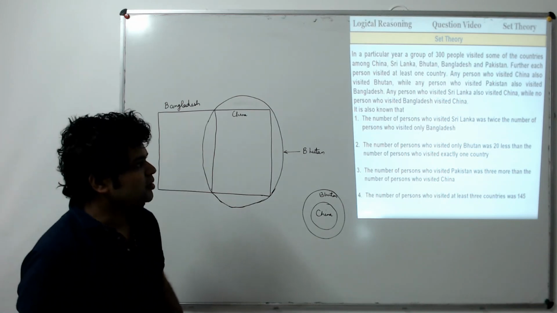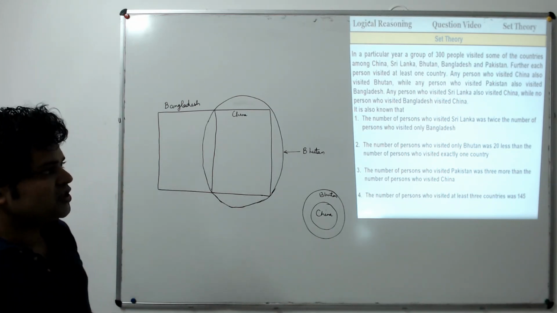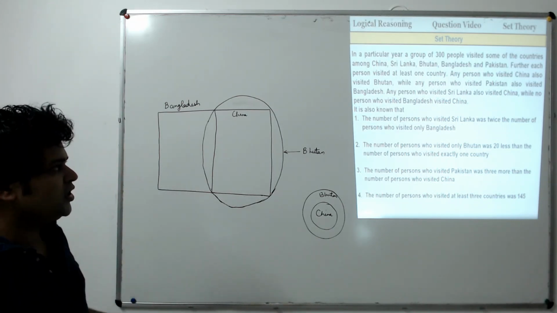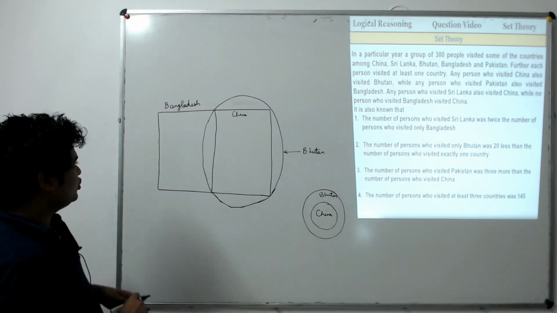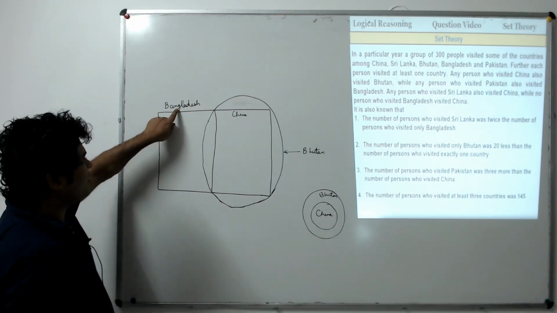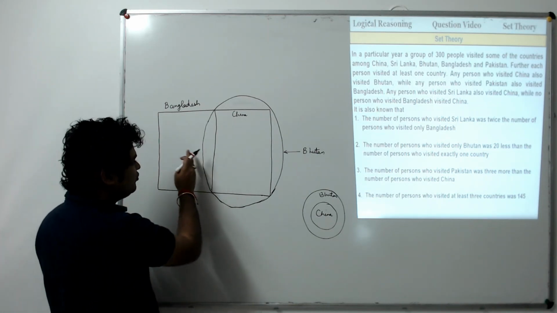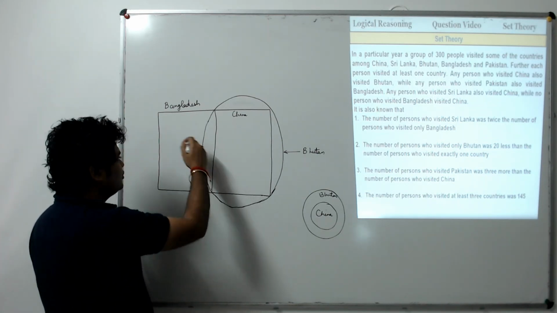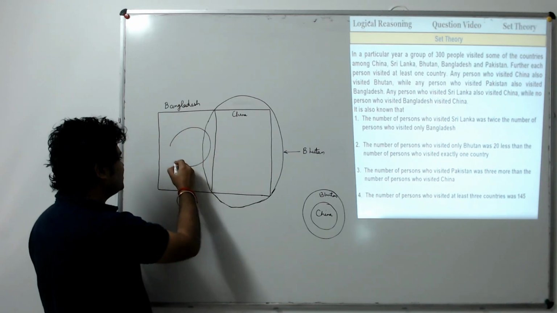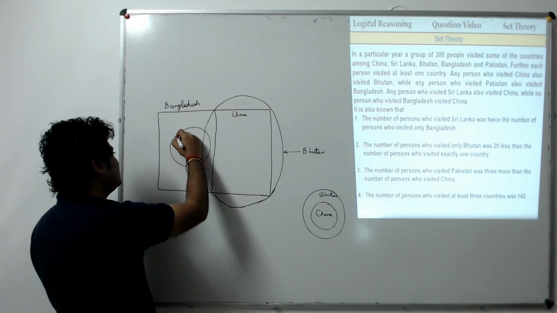And the next statement is, any person who visited Pakistan also visited Bangladesh. So all those who visited Pakistan have to visit Bangladesh. So that means there is no intersection of Pakistan and China. So we can draw Pakistan something like this. So this is Pakistan.